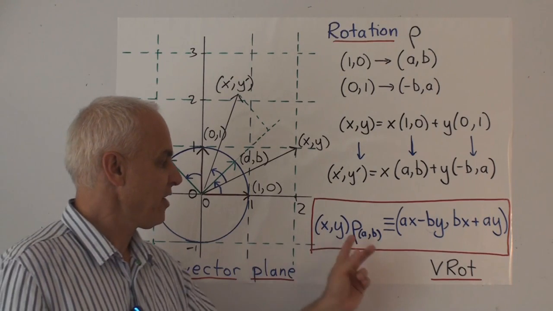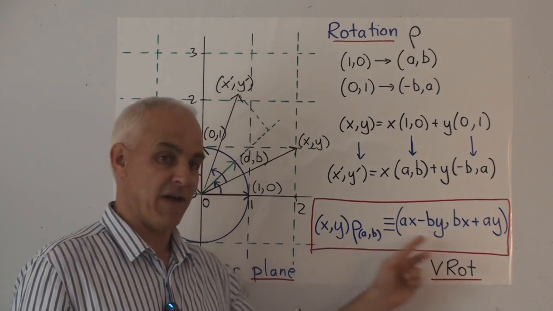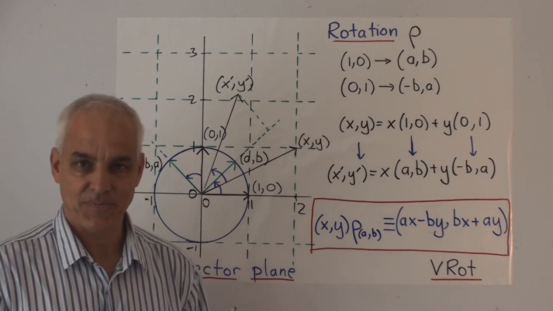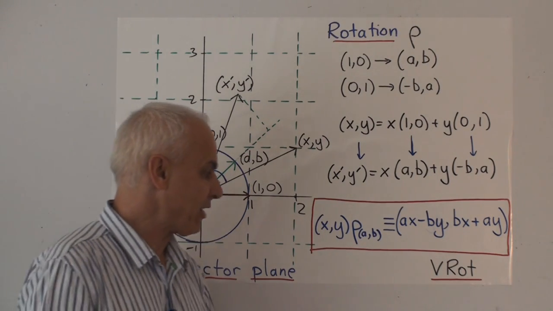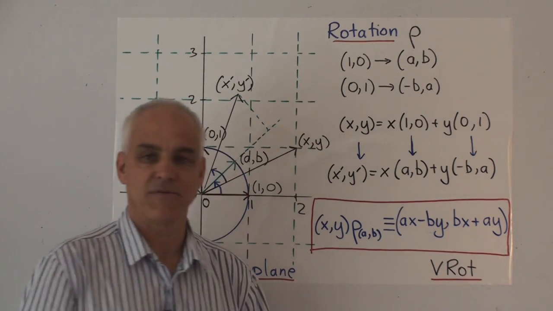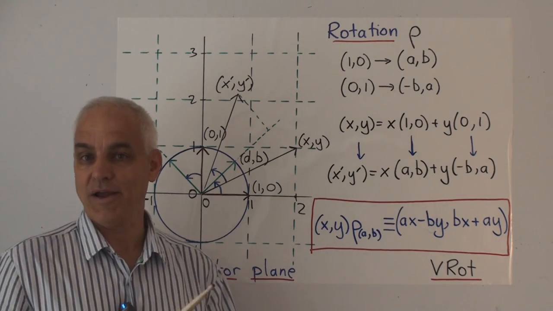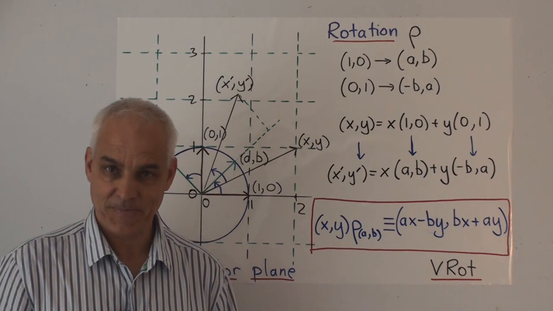So we define the rotation by how it acts on the expression of vectors to yield another vector. We get a new mathematical object, which we might call a vector rotation, or v-rot for short. And this is how we're going to think about what a rotation is.